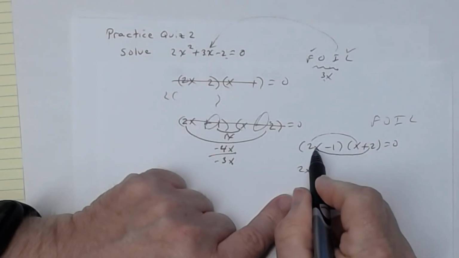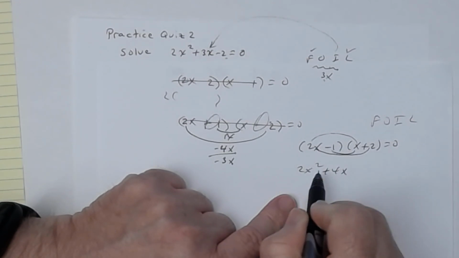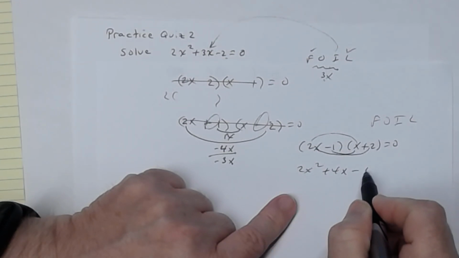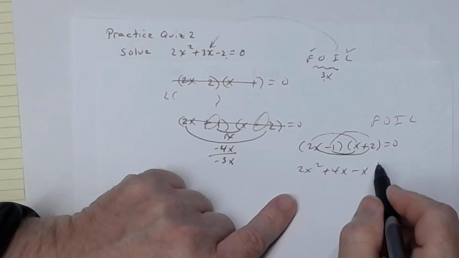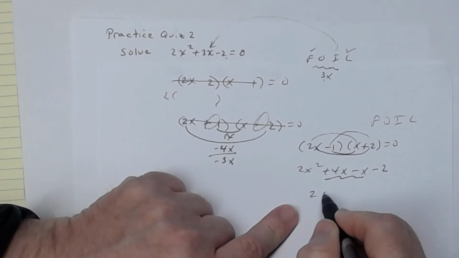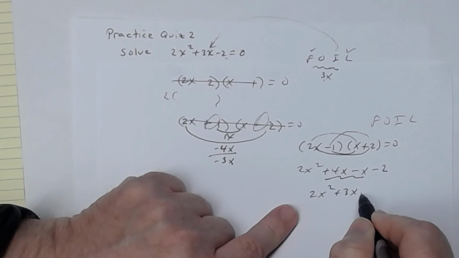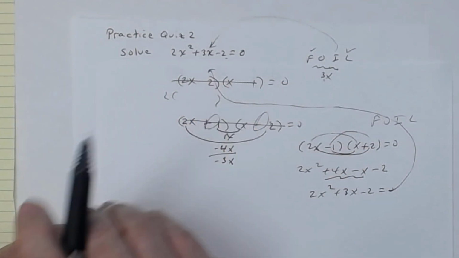The outer, 2x times 2, is a positive 4x. The inner, negative x times x, is a negative x. And the last, negative 1 times 2, is a negative 2. Combining like terms, I get 2x squared plus 3x minus 2 equals 0, which is what you wanted.